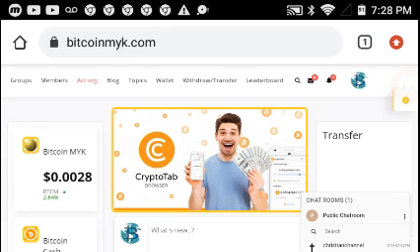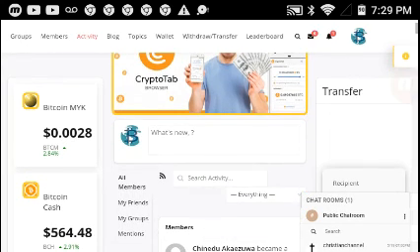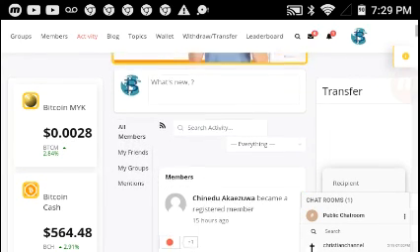Network, the Bitcoin MYK project that is launched and that is functioning, and people are starting to use the site. It is already trading over on the Hive Engine Exchange.